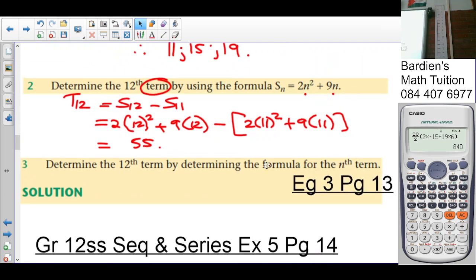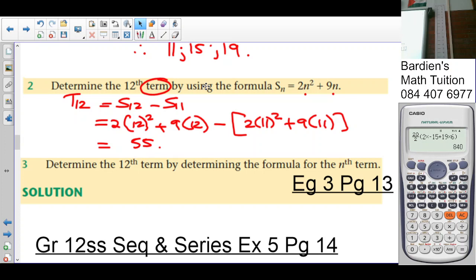People, the next question says, determine the 12th term by determining the formula for the nth term. There's 2 ways of doing that. I'll show you the easy way and the sporty way. Of course the easy way, we know that we have those 3 terms.